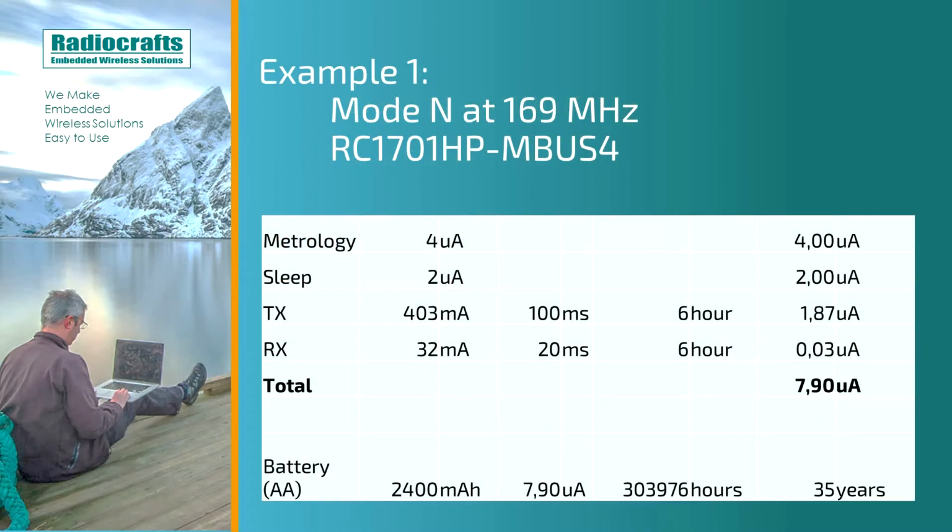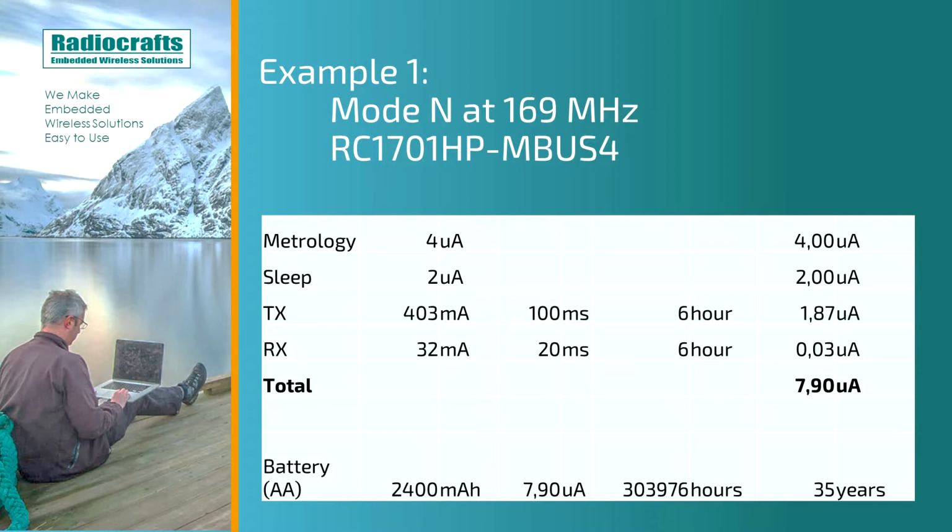So let's look into some examples. So using mode N at 169 MHz. This is the Radiocrafts module RC1701HP M-Bus 4. So let's say that the metrology typically uses 4 microamps in average current. In sleep mode, we typically have 2 microamps.